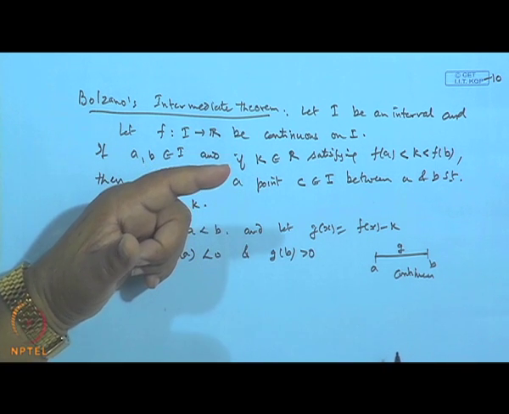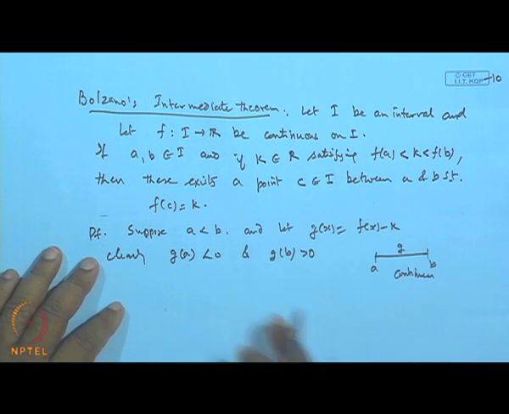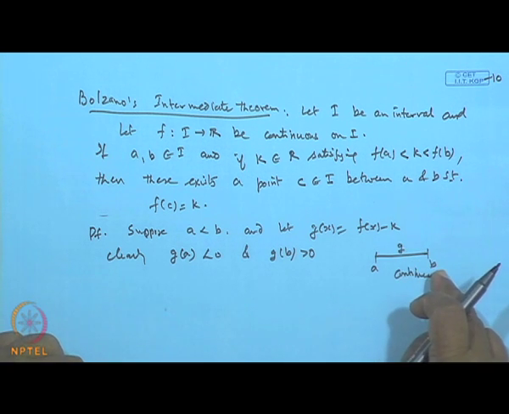Therefore, by the location of roots theorem which we have proved earlier, there will be some point in between a and b where the function g will be 0.